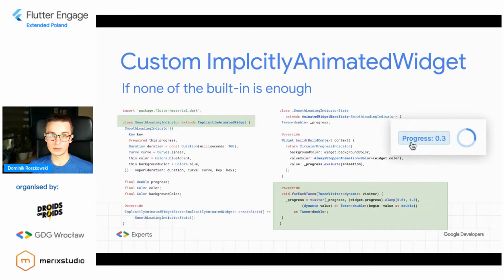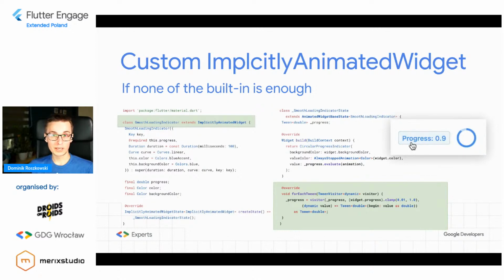On this slide, you can see the full source code of the widget that you see on the right side. In this case, for instance, you have an upload indicator or download indicator, and you get some data which is discrete, so you get like 0.1, 0.2, 0.3, 0.4, and none of the values in between.